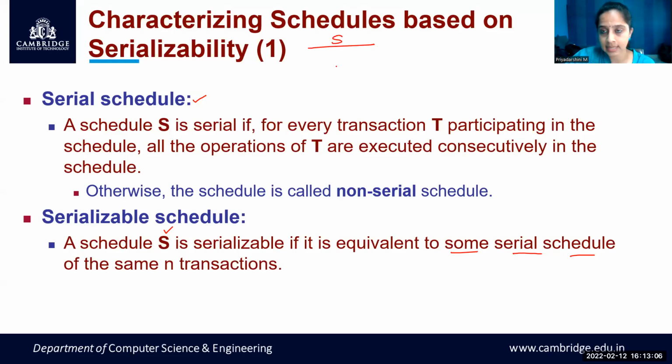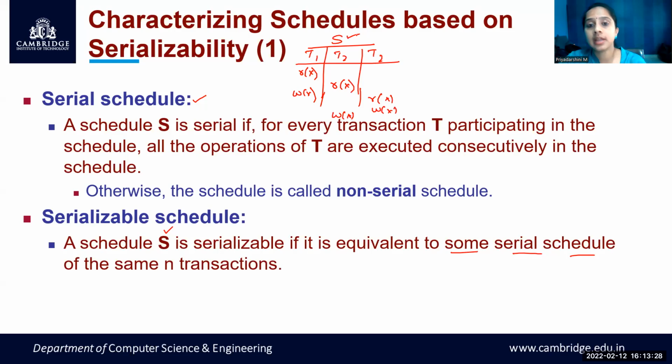Say I have a schedule which has 3 transactions, or any number of transactions. As I've already told, we have these interleaved operations. Now, when do you call this schedule serializable?